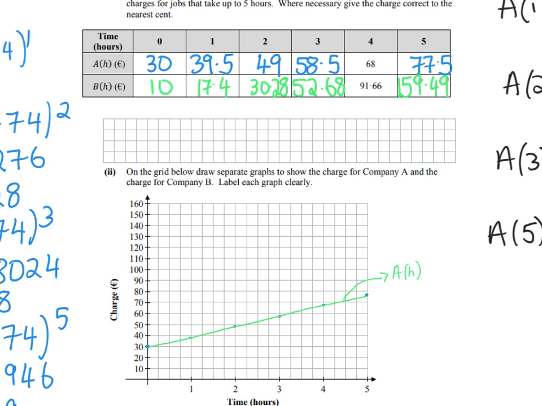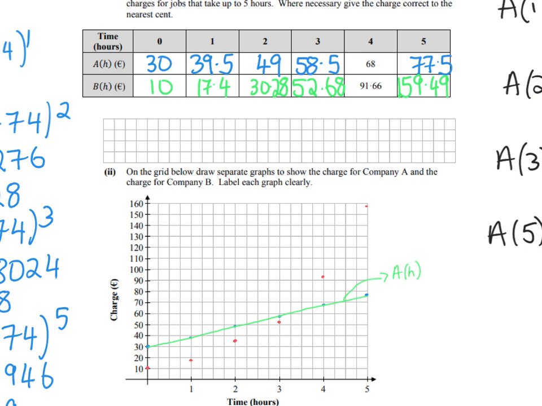Then I might do the other points in red. So we have B of H, 0 is 10, 1 is 17.4, 2 is 30.38, 3 is 52.68, 4 is 91.66, and 5 is 159.45.